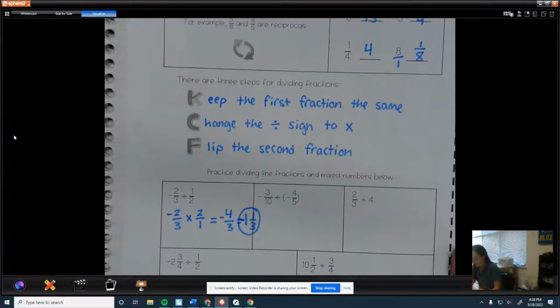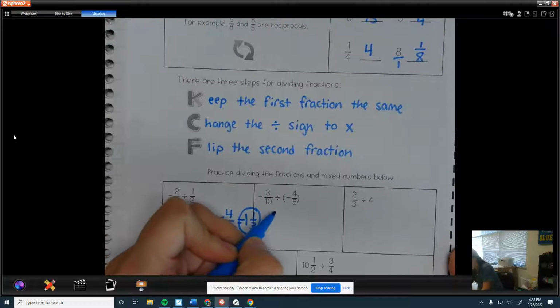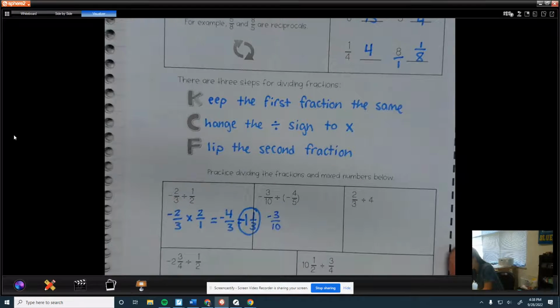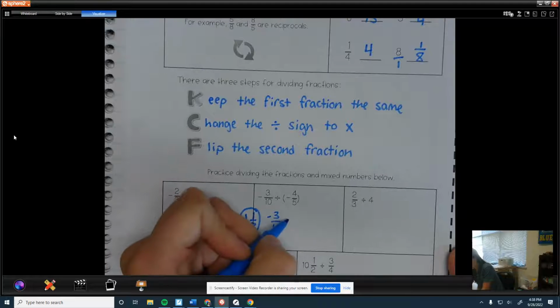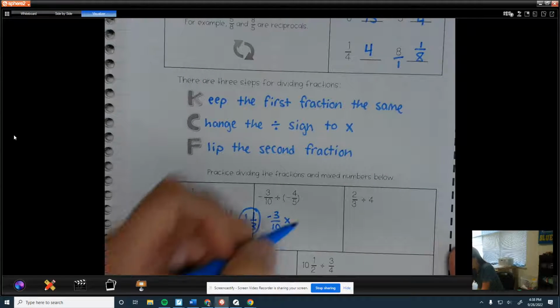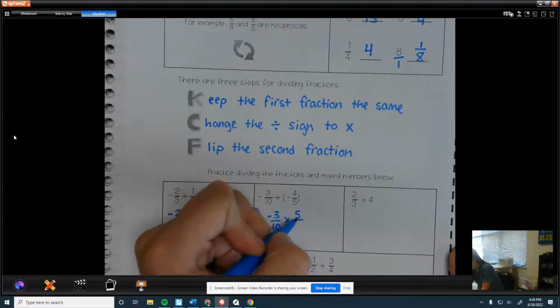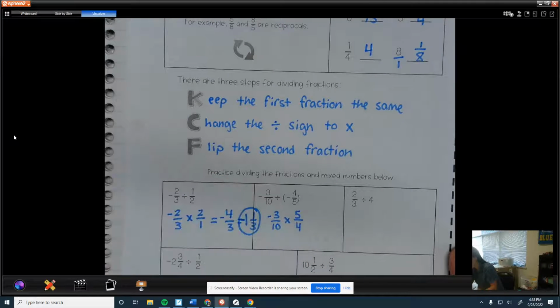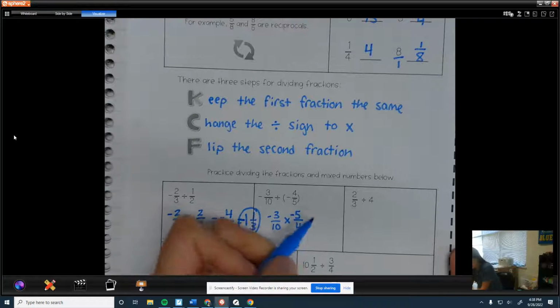All right, let's try the second one. First step, keep the first fraction. Second step, change the sign to multiply. Third step, flip the second fraction. So the reciprocal of 4/5 is 5/4. Oh, but it's negative. Got it.